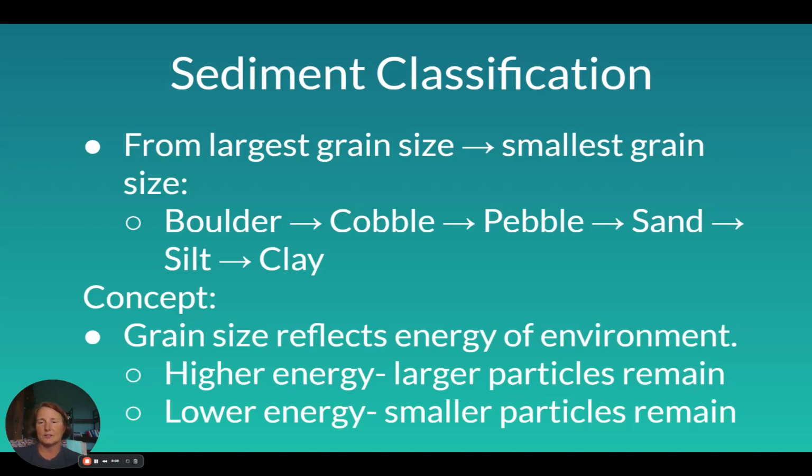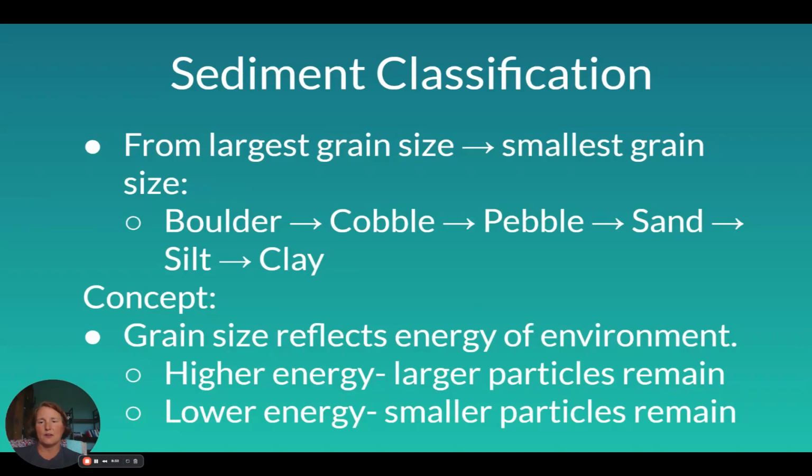Then sand, silt, and clay. Clay is going to be our tiniest grain size. Grain size shows the energy in an environment. So if we think about a beach that has huge waves crashing in all the time, there's a lot of high energy there, we are not going to see the tiniest forms of sediment.